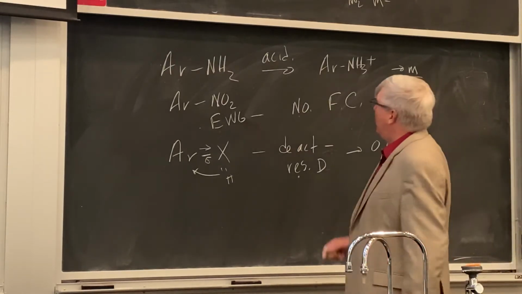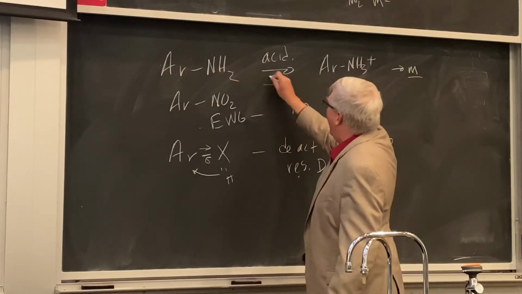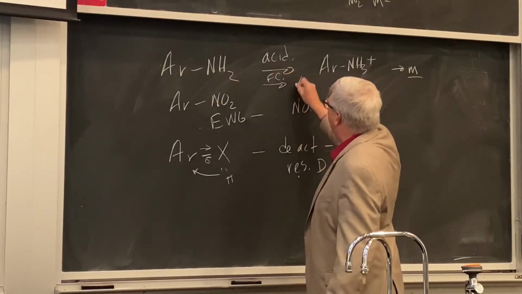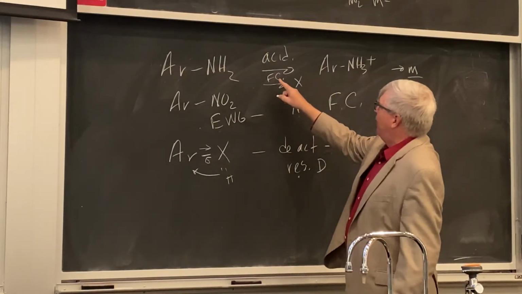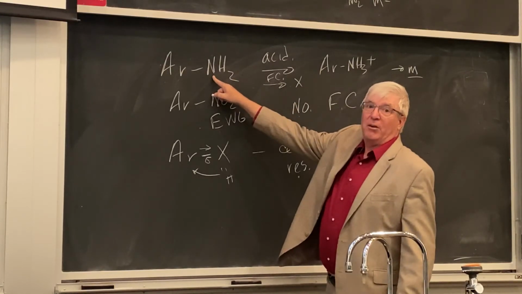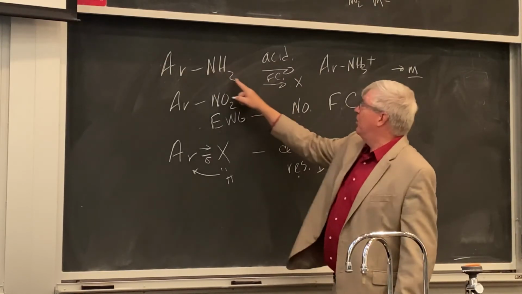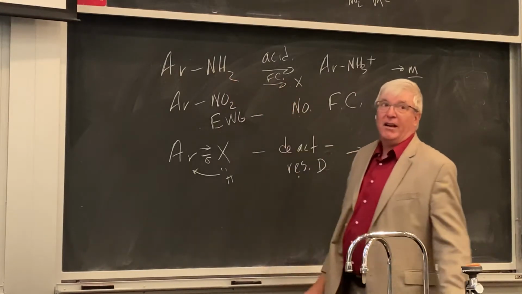One other, maybe we should say, the aniline here for Friedel-Crafts is also no. And it's a little bit different argument. The Lewis acid coordinates the lone pair on the nitrogen, forms a cation, and again, that slows it down enough that you can't do Friedel-Crafts directly on an aniline.